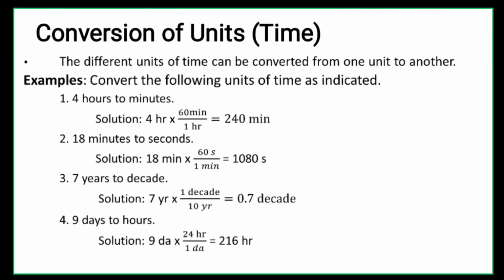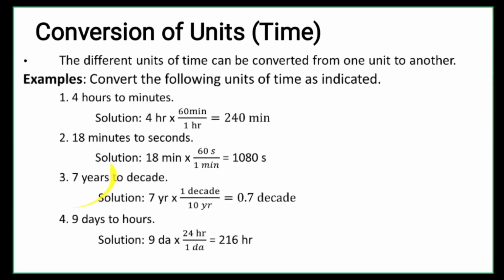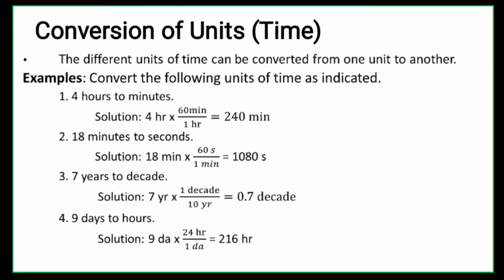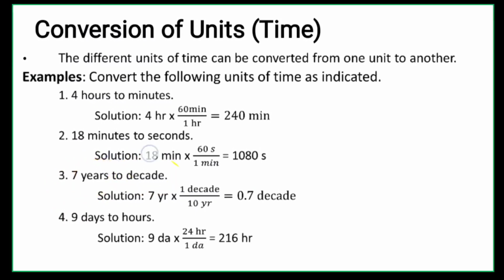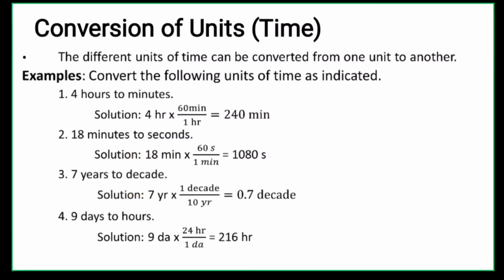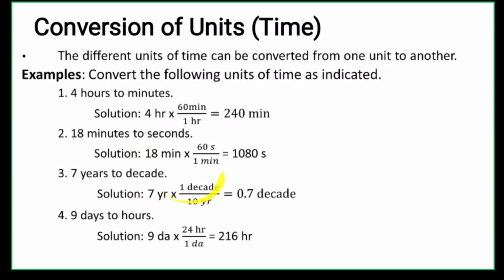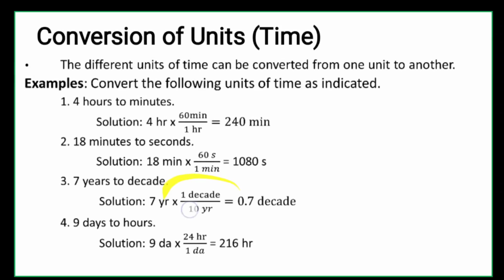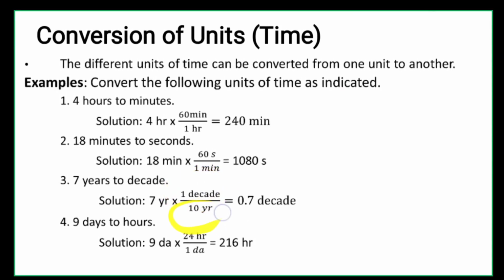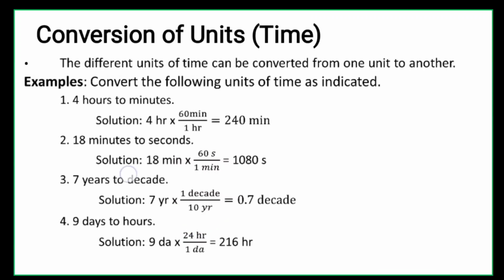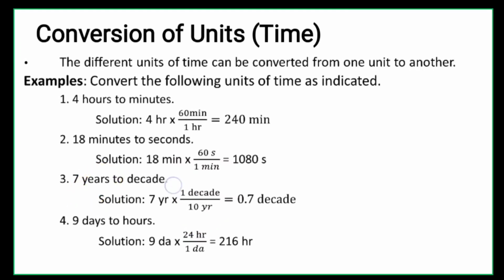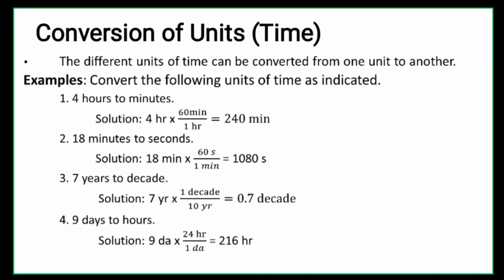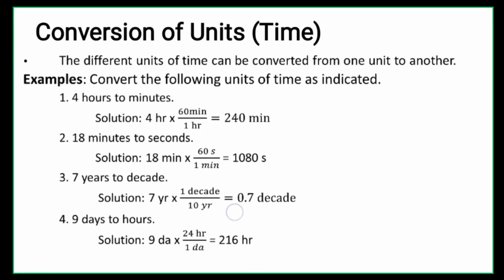Next, number 3, 7 years to decade. That is years to decade, and we all know that 1 decade is equal to 10 years, based on the given conversion earlier. Since our given is in years, which is 7 years, we will put 10 years on the denominator.